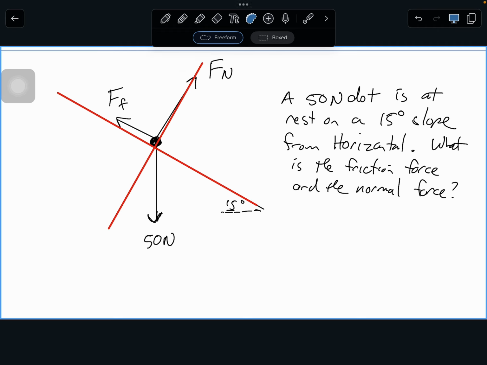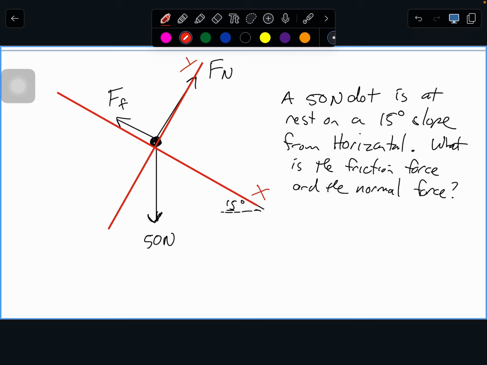So I'm going to take my xy axis and put it right on the slope to where my x is going down the slope and my y is straight up from the slope in that normal direction. And this is going to be helpful when things are actually sliding. This is not sliding right now, but when they're actually sliding, it's going to move along the x-axis, which is much easier. All right? So we're going to twist our x-axis.